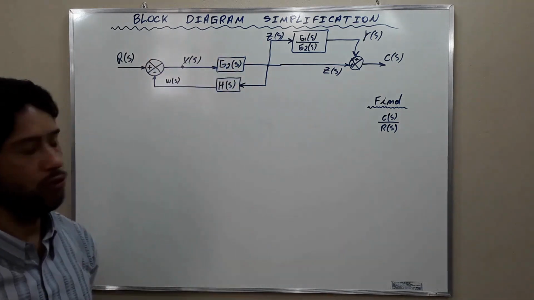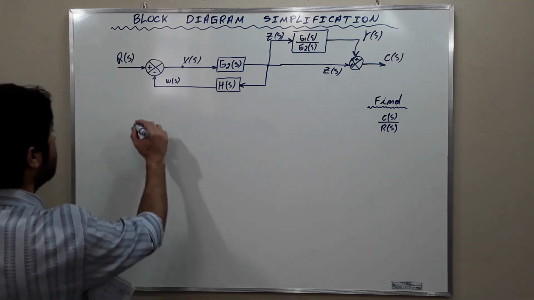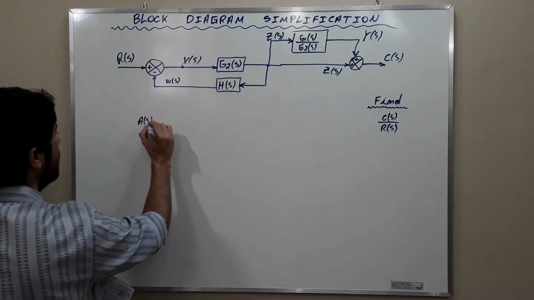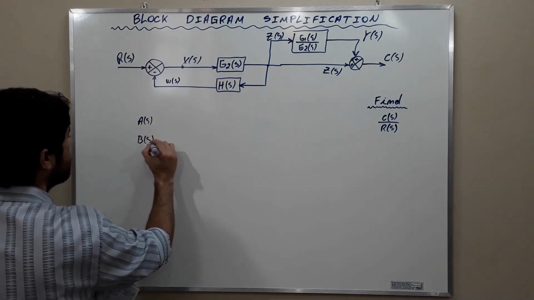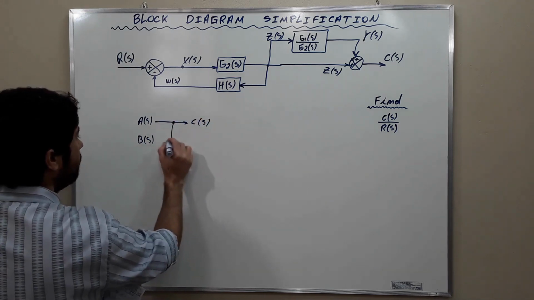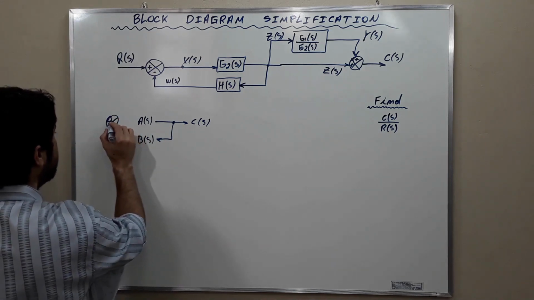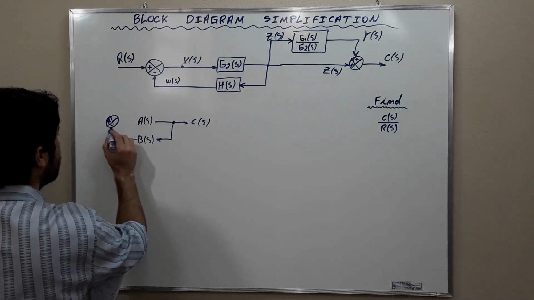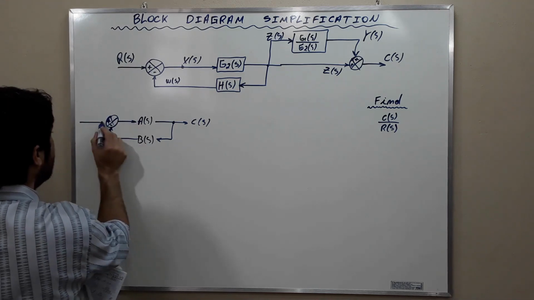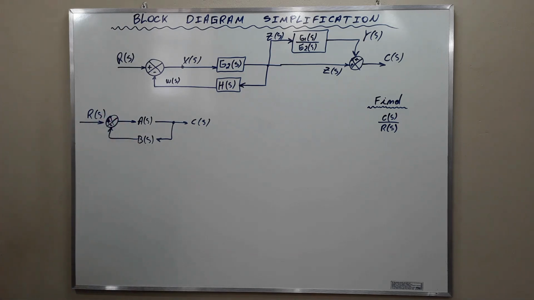To simplify this feedback loop, we're going to use the following reasoning. Imagine that you have A of s here and B of s here. Here an output with a feedback loop, and here the error, and here the input.